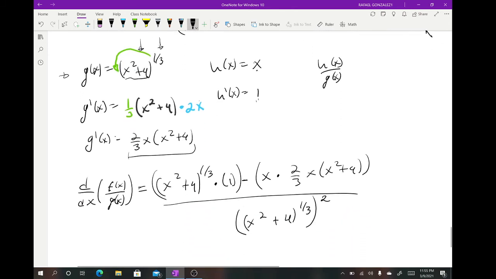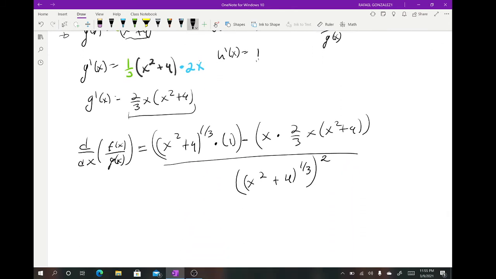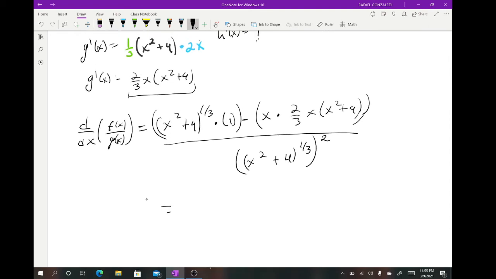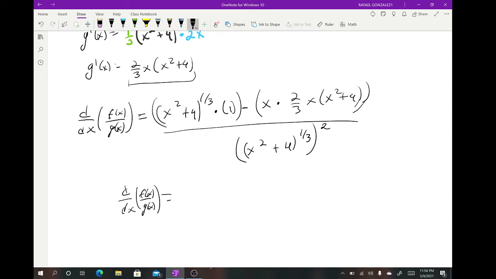As you can see, this is already getting very messy. We have a lot of things going on, and that's why I added extra parentheses to make sure that I keep track of what's going on. So this derivative, d dx of f of x over g of x, is equal to what? Well, 1 times (x squared plus 4) to the 1/3 is simply (x squared plus 4) to the power 1/3.